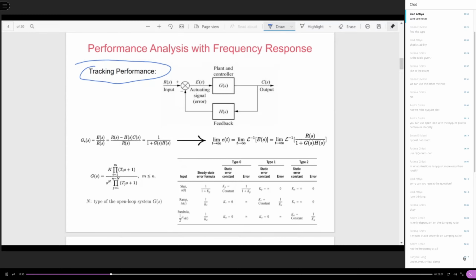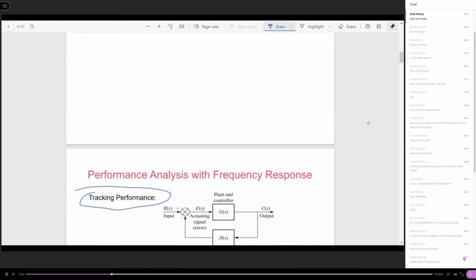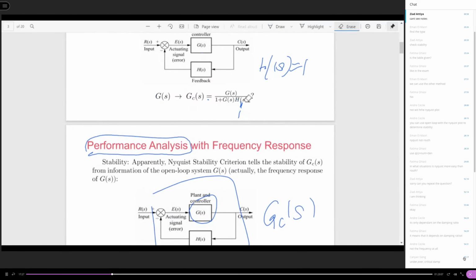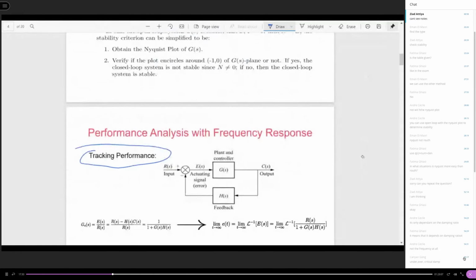But here I'm going to highlight this relation, and then you're going to understand the tracking performance.